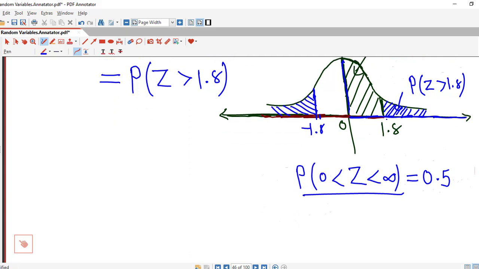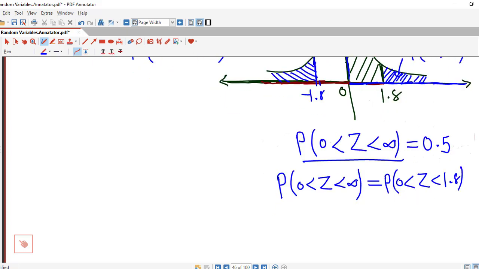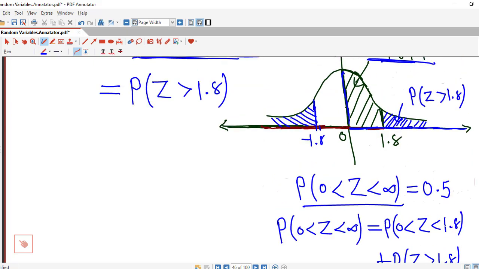Okay, so we can observe that the probability that 0 less than Z less than infinity is nothing but the probability that 0 less than Z less than 1.8 plus the probability that Z is greater than 1.8.